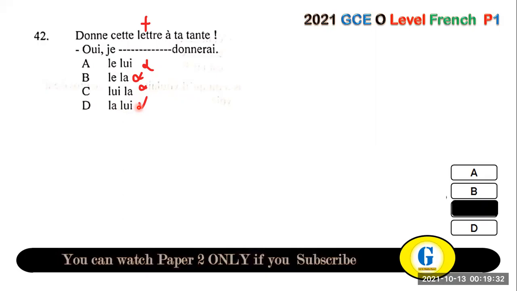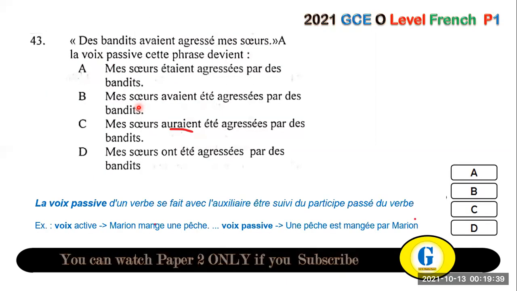All right, the key here is 43. Des bandits avaient agressé mes sœurs. À la voix passive, cette phrase devient. So with the passive voice, we have to use the auxiliary être, and it's followed by the participe passé of the verb.